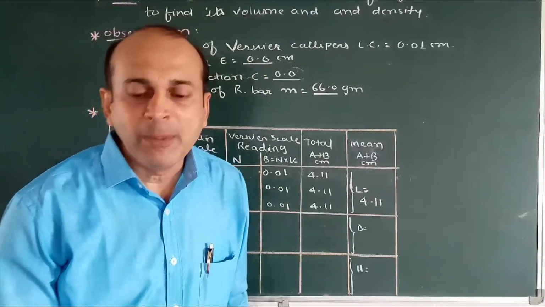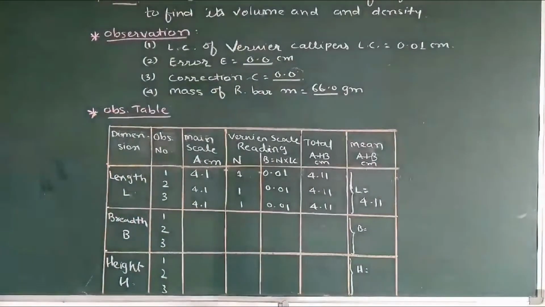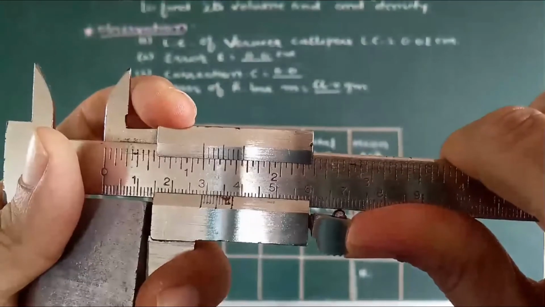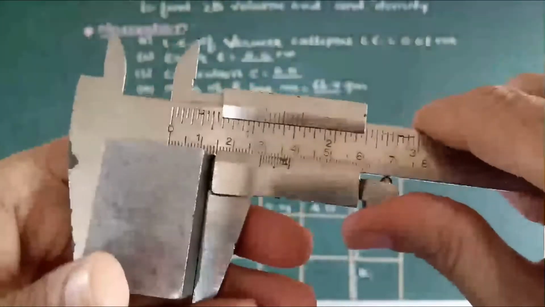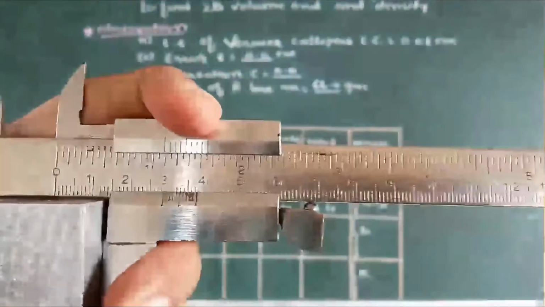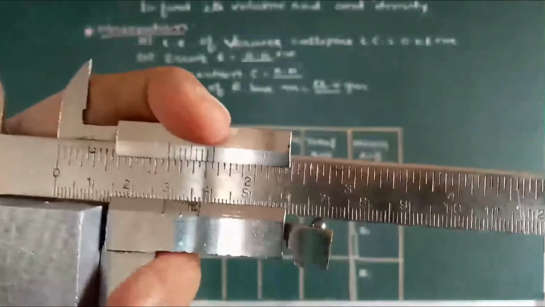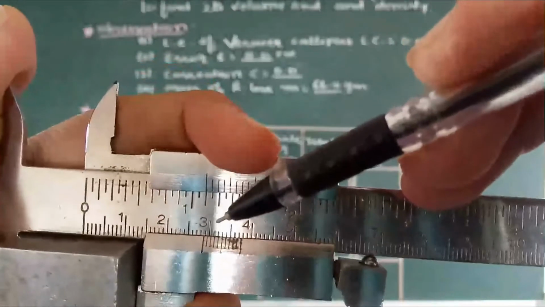Now let me measure the breadth of this cuboid. Place the breadth side of the cuboid between the two jaws of the vernier calipers. Let me observe the main scale reading, that is, the location of the vernier scale 0.